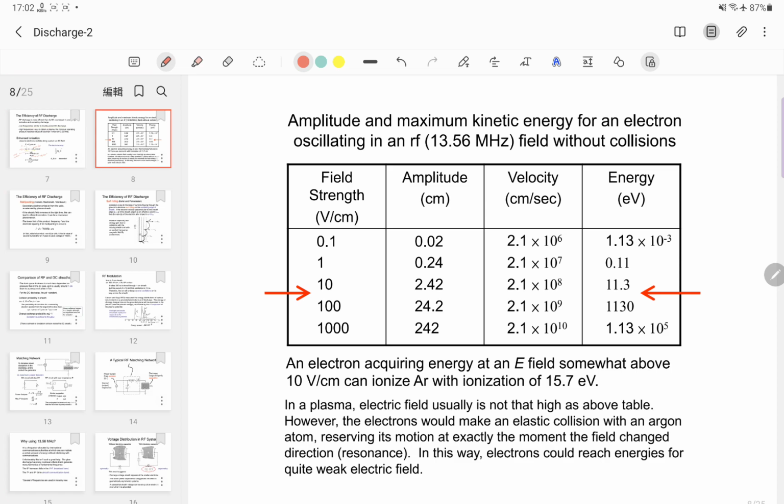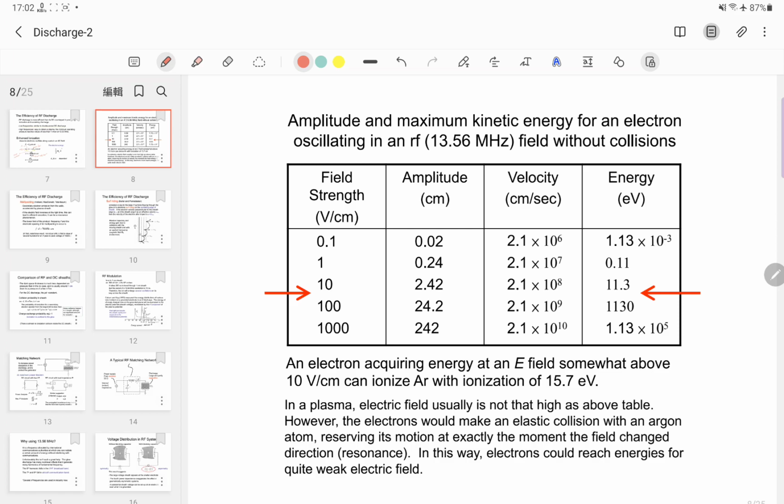And if the electric field of the plasma system is a few tenths of volt per centimeter, the energy of the electron can be increased to more than 15.7 electron volt.